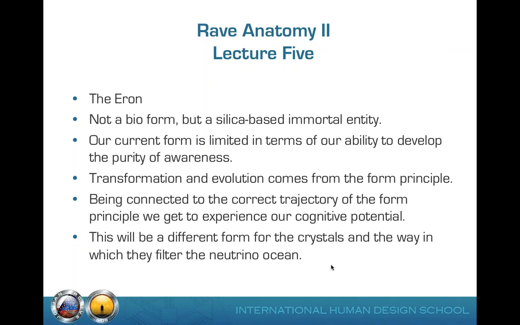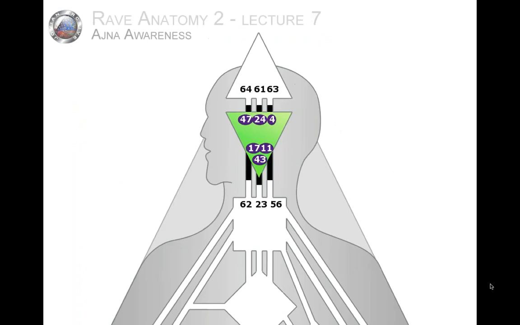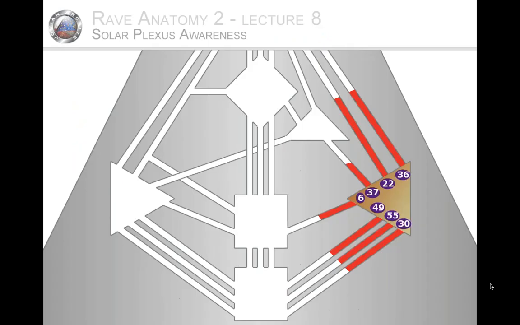It will filter the neutrino ocean, or filter consciousness, in a very different way. It's a great lecture. And then lectures 6, 7, and 8 go into these awareness areas. He covers it again in more depth, more detail.